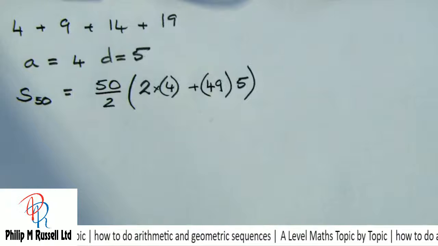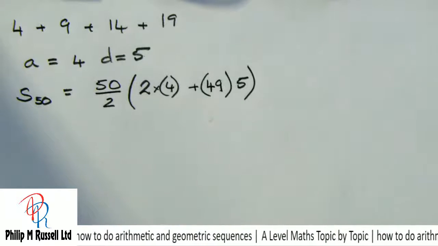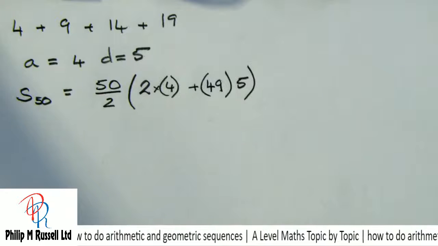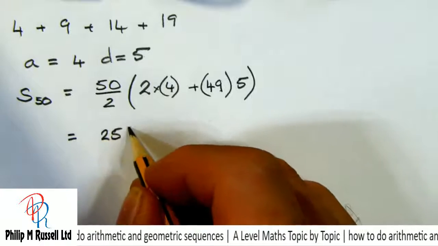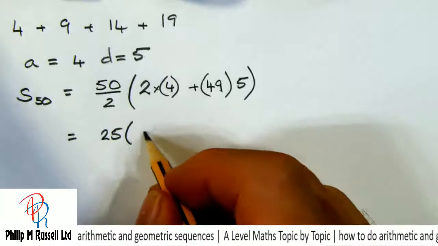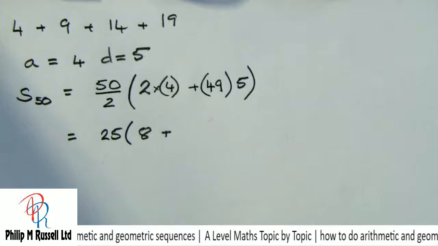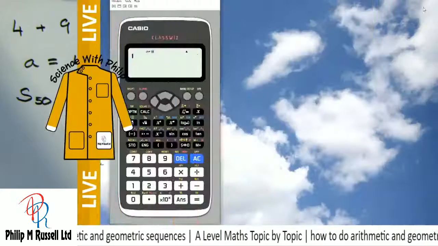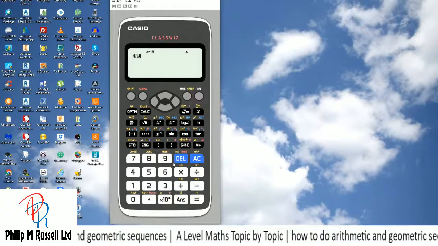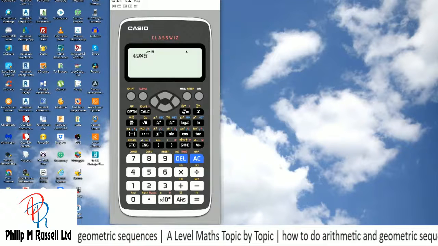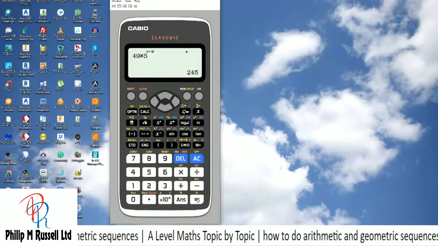And at this point we're going to use the calculator to help us do this work. So I've got 25 times 8 plus, and I'm not so good on my 49 times 5. Yes, I can cheat and do that, but we've got the calculator, and so we can work out that's 245.